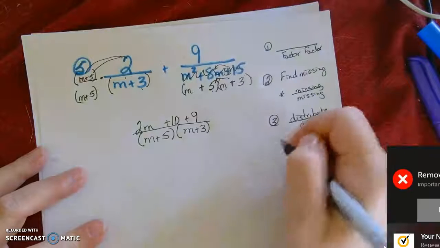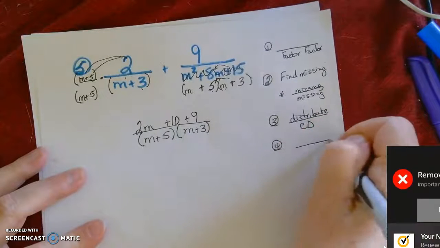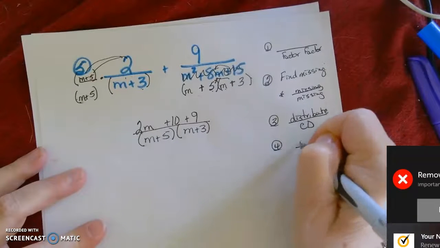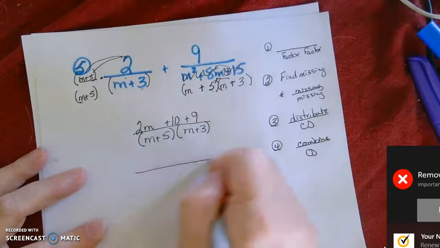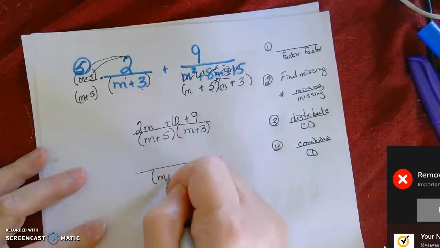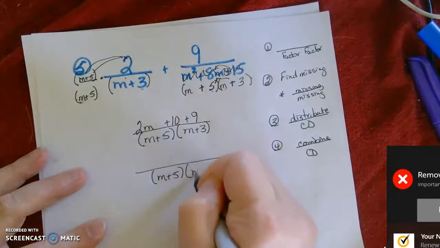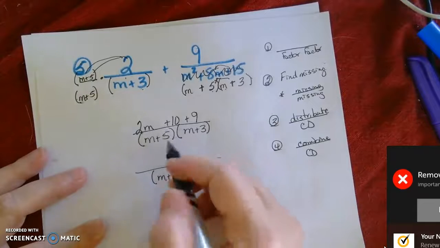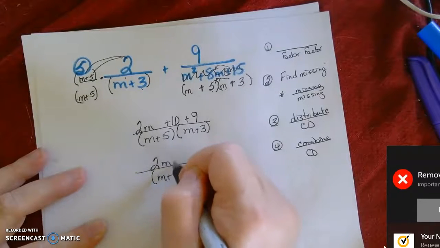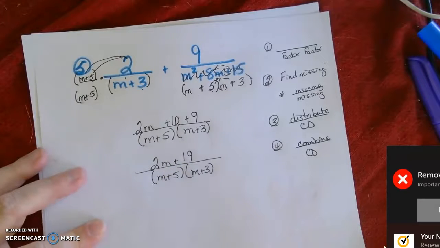All right, step 4. You get that common denominator? I just need you to combine like terms. So m plus 5 times m plus 3 in my denominator. And when we combine like terms, we get 2m plus 19.